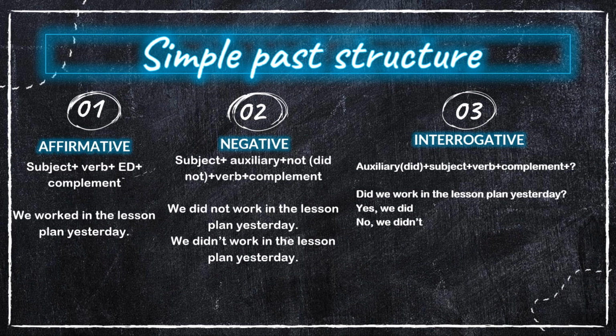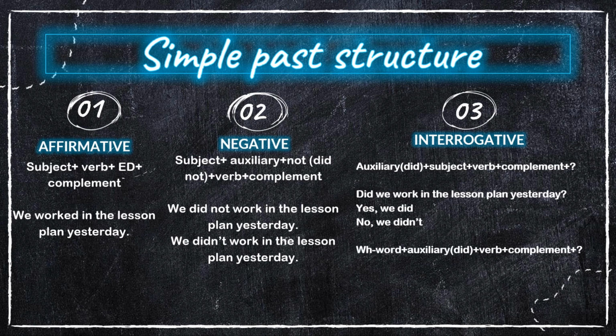Remember, if the answer is going to be affirmative, you need to write yes, also the subject, and the auxiliary, in this case, did, because you're talking about simple past. If it is going to be negative, no, the subject, and also the auxiliary in negative, didn't. This is an example of a yes/no question, right?